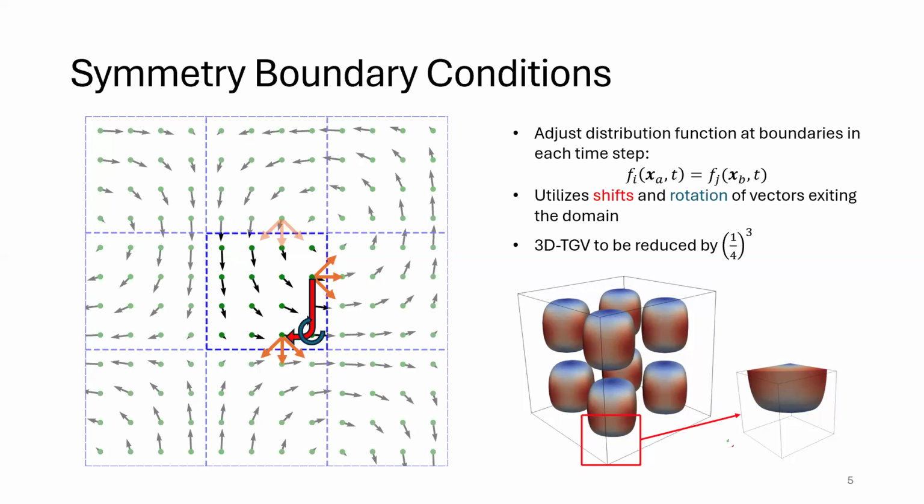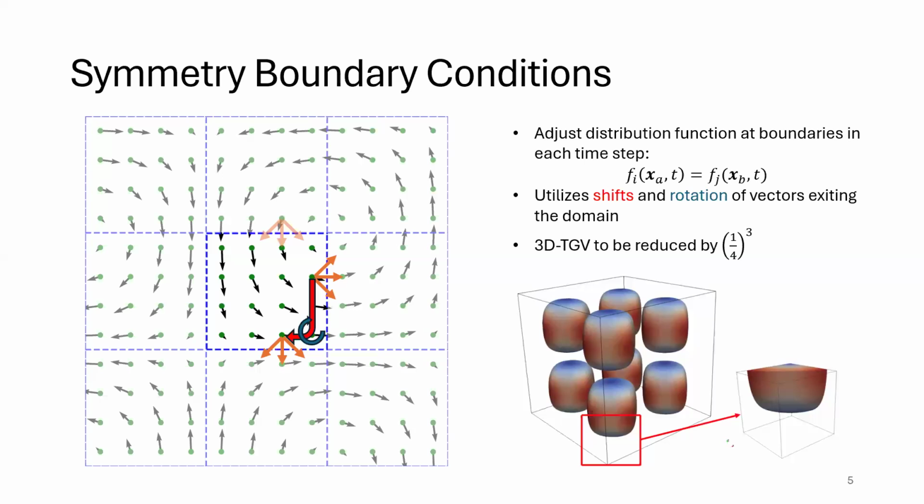So as we can see right here, we got our shift step where we are going to shift the population from here onto this node, and on top of that, we're going to rotate this population by 90 degrees down here. This is how the symmetric boundary condition is going to work.